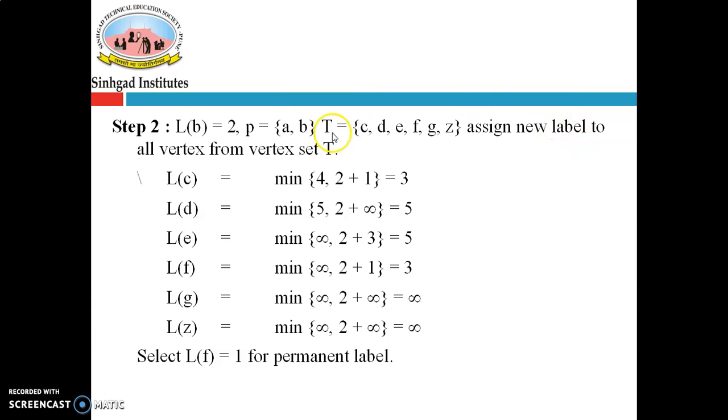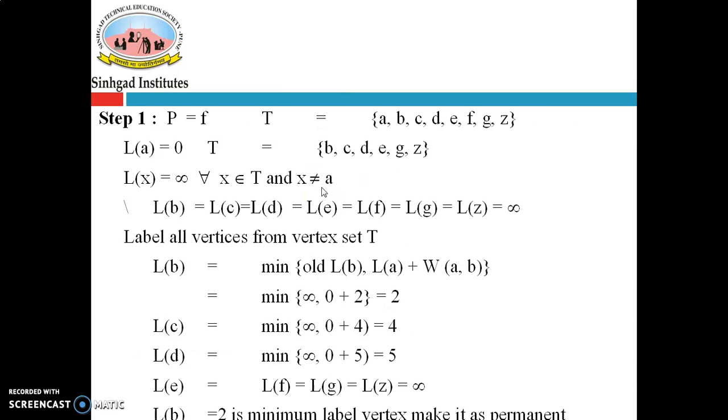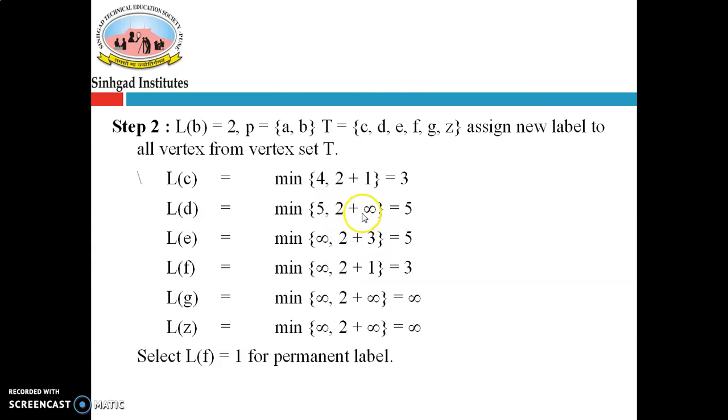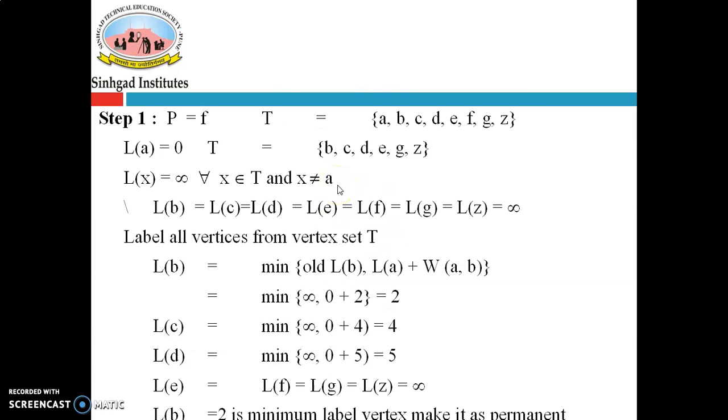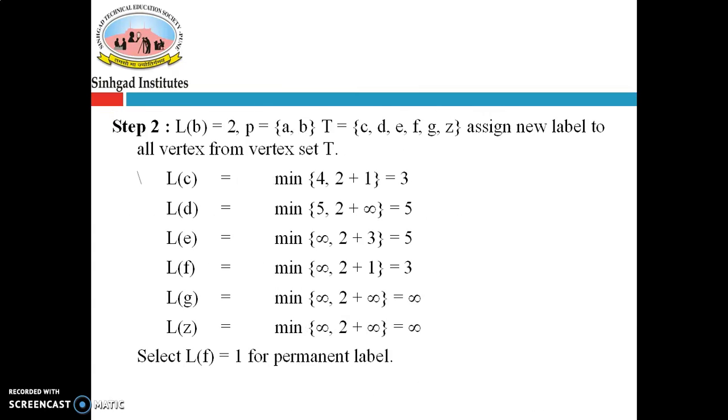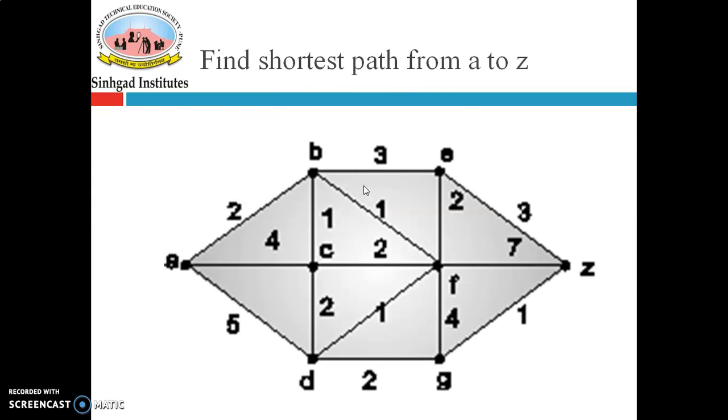Now assign the new label to all vertices from the vertex set T using the formula. So LC is equal to minimum from the old LC, which is 4 here, so 4 comma the permanent label vertex label, which is 2, 2 plus weight from that permanent label vertex B to C. If you see, B to C weight is nothing but 1.